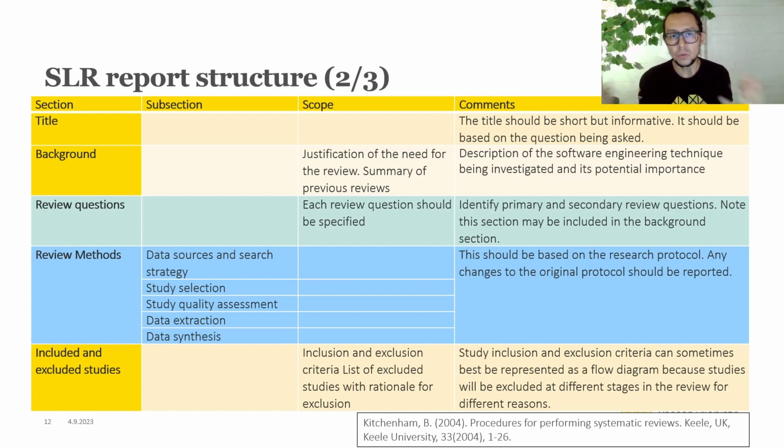For instance, if you use Google search, or if you want to use more advanced, more sophisticated databases, or depending on if you are investigating other sources of information. Also you need to describe the type of study, as we saw in that taxonomy, that there are different types of systematic literature reviews.